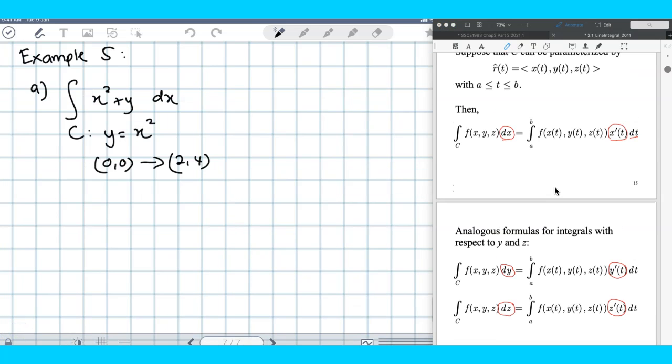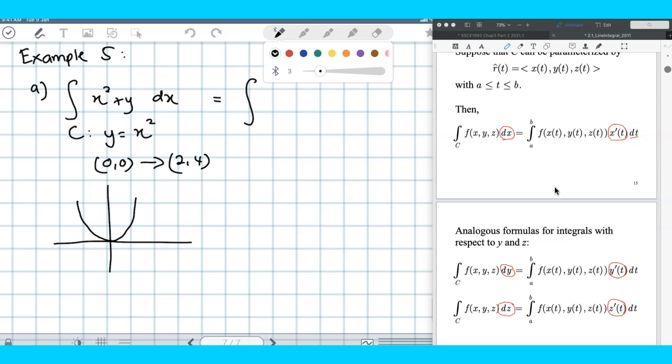Okay, so now you have with respect to x, and we want to convert in terms of t. If you want to convert everything in terms of t, then imagine now your curve is a quadratic, and the initial point is at 0, 0 and the end point is 2, 4.